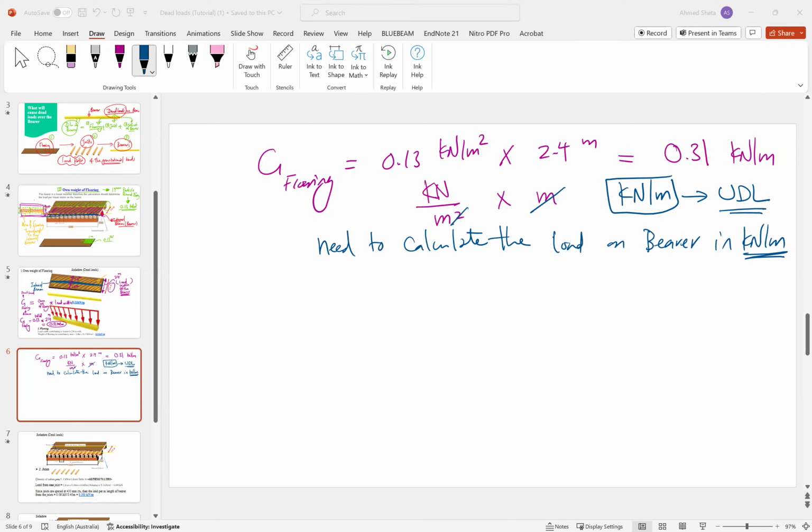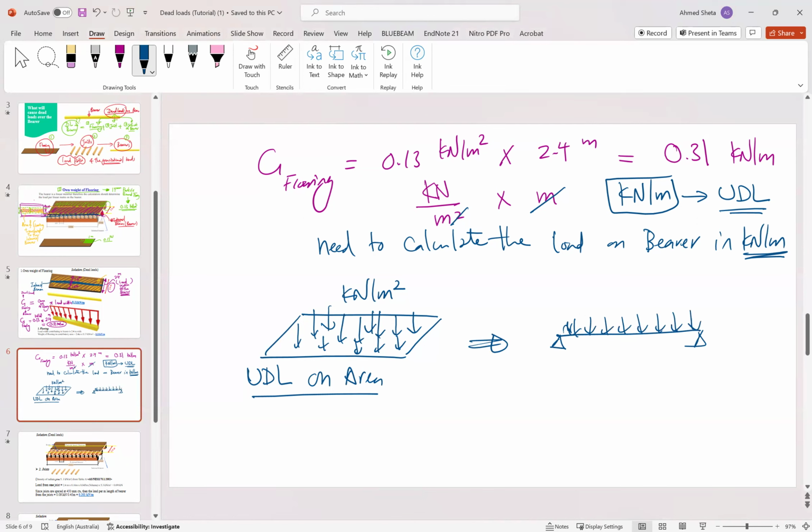So this means that we convert the load on the flooring from distributed over area, kilonewton per square meter, UDL on area, to UDL on a line, or linear UDL.